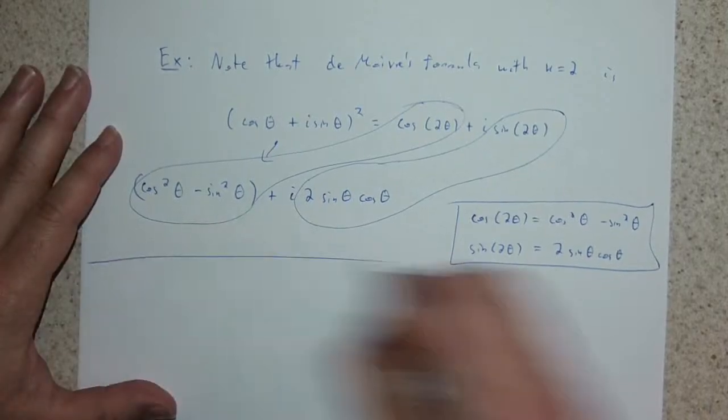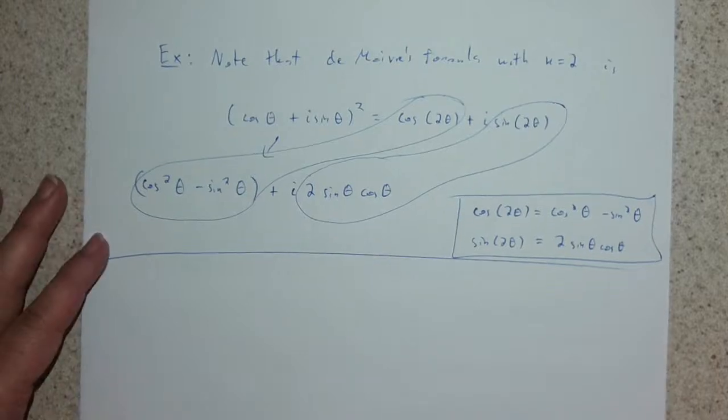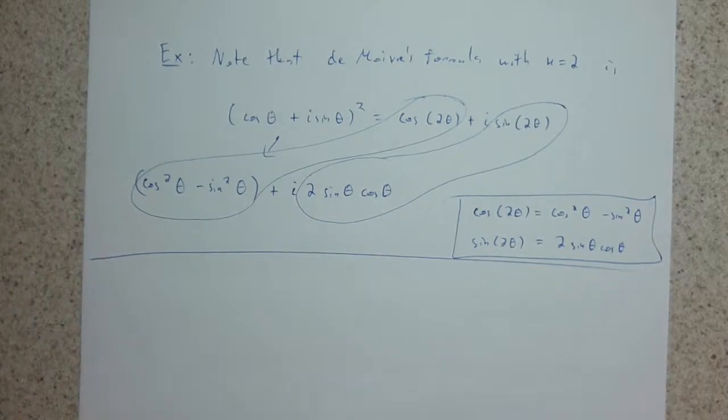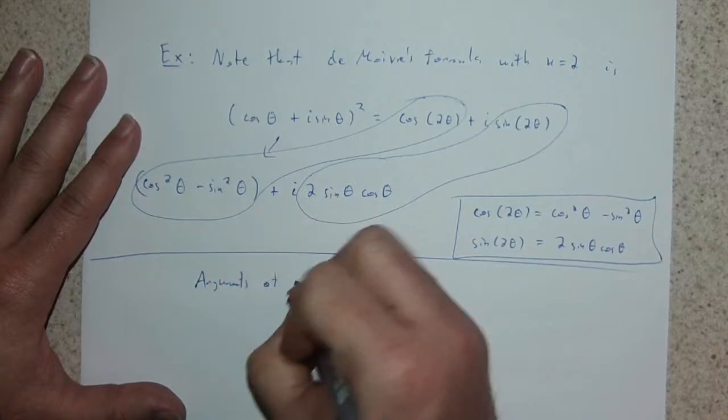Okay, so we used exponential and polar form to handle products, powers, and quotients nicely. It's just a convenient way of dealing with those things. So now the question is to consider arguments of those quantities. So I want to talk about arguments of products and quotients.